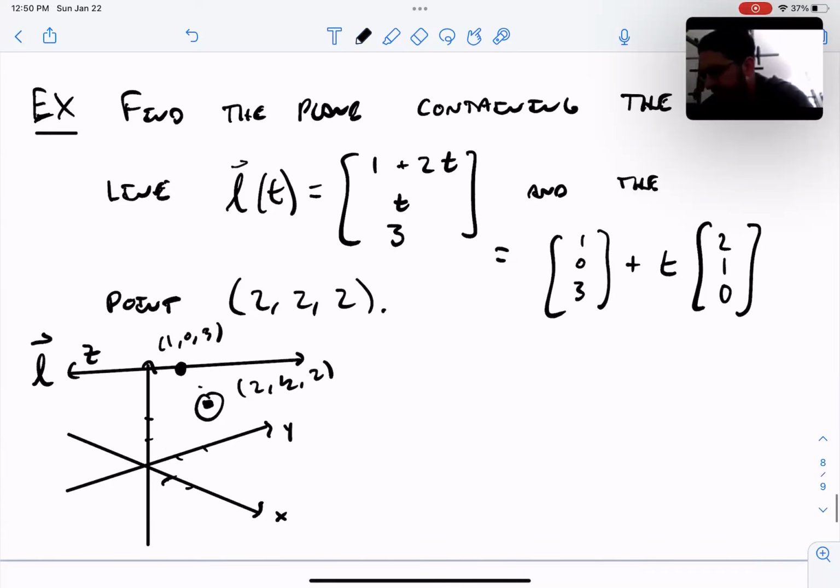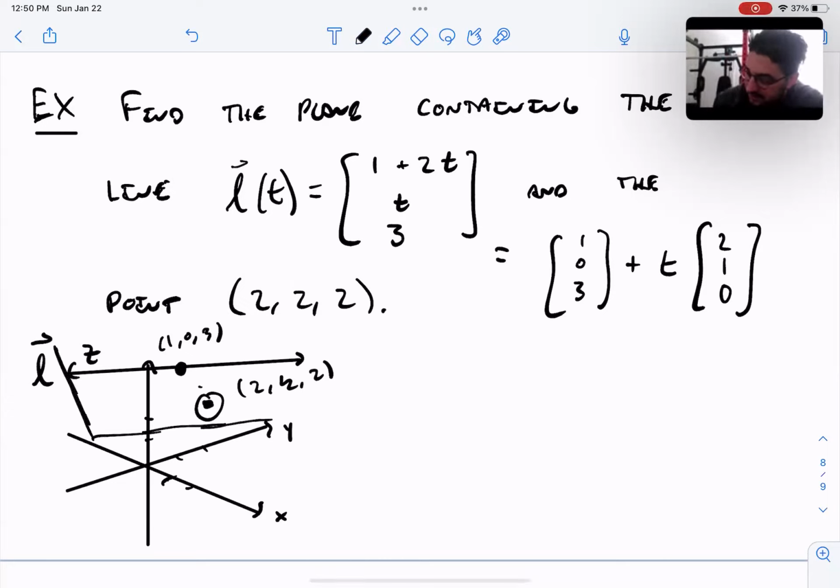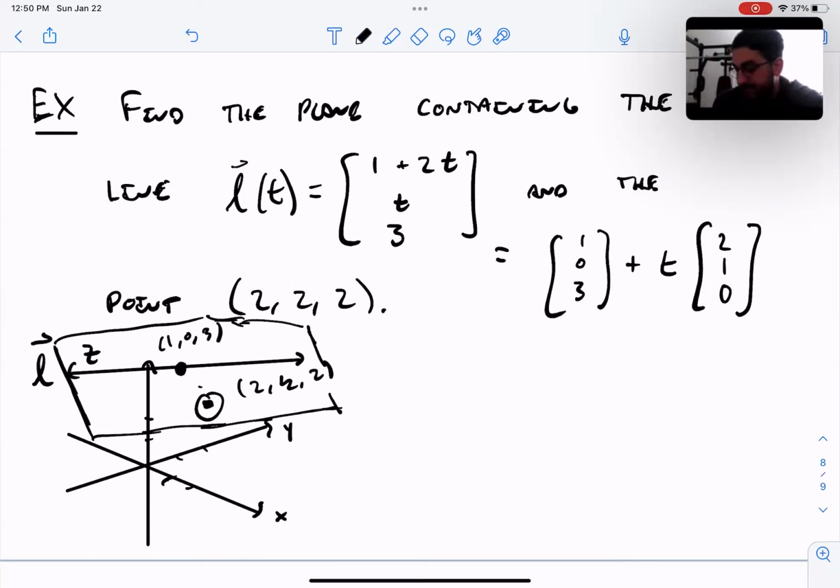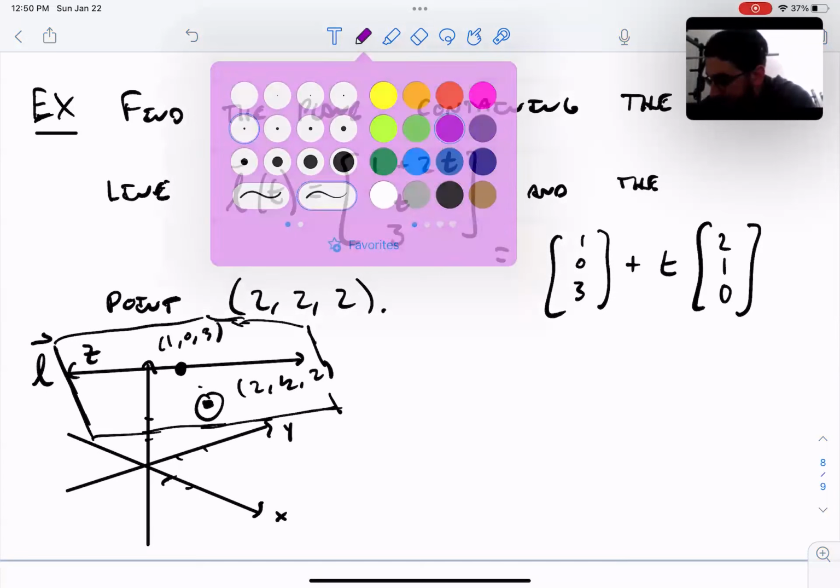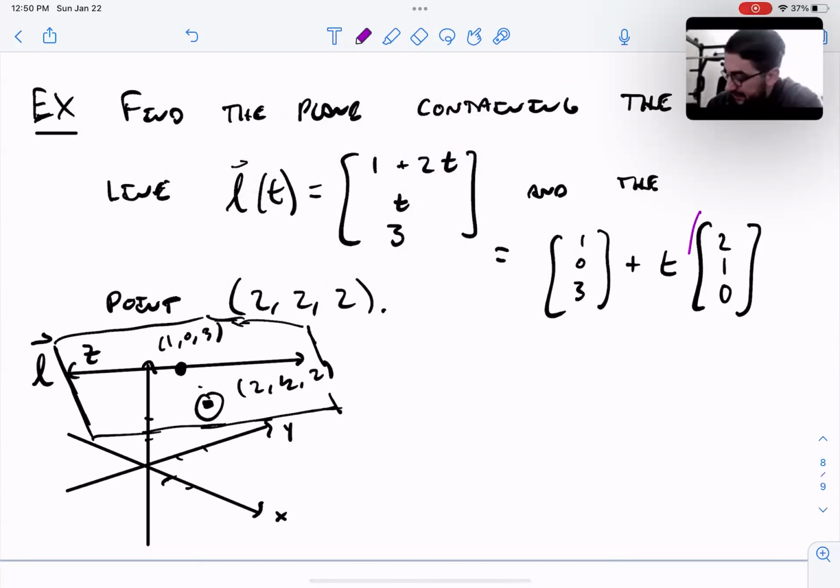So let's now think about how we could do this. I think probably the easiest way to do it is to say if this plane that we're searching for contains this line, right? Then how can we find direction vectors? Well, one direction vector is just the direction vector of the line. So maybe for D1, just use the direction vector of the line.